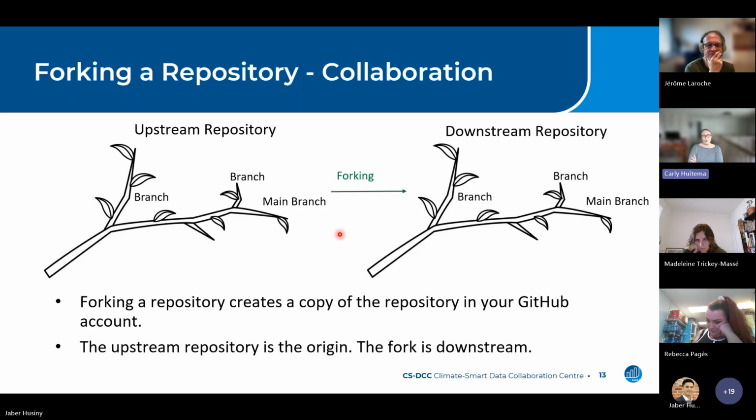And finally, what we'll be doing in the second half is how to do this kind of work collaboratively. A very typical model in working with GitHub is that you've got your collaborative code that everybody is agreeing to. That's your upstream repository.